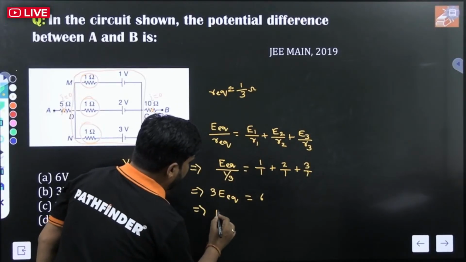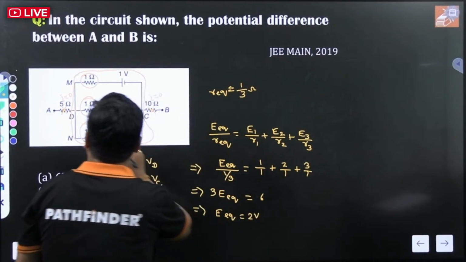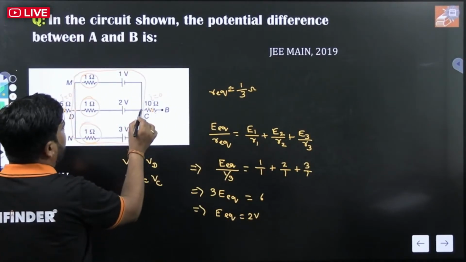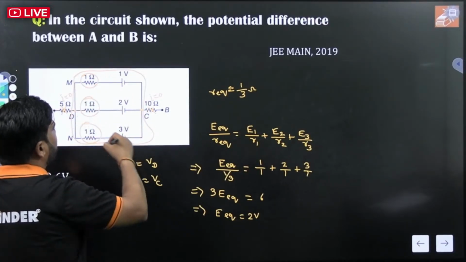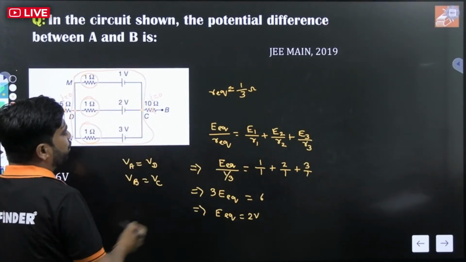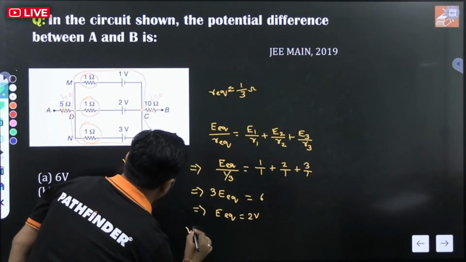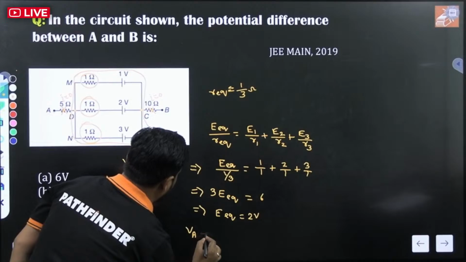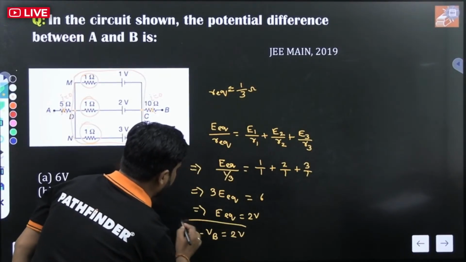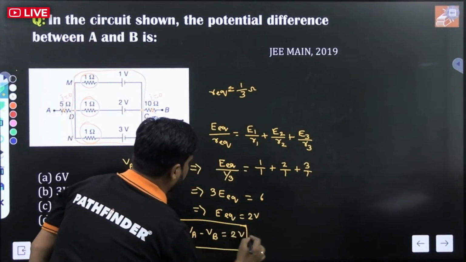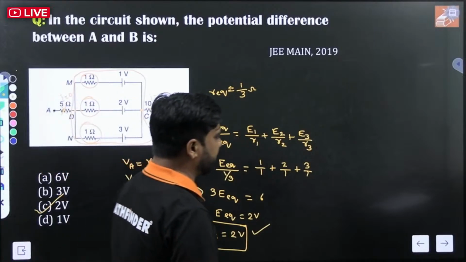So E equivalent will be equal to 2 volt. That means across these two ends, the equivalent potential difference is 2 volt. So can we say VA minus VB will also be equal to 2 volt? That's the key point, and this is your answer, 2 volt. Option C is correct.